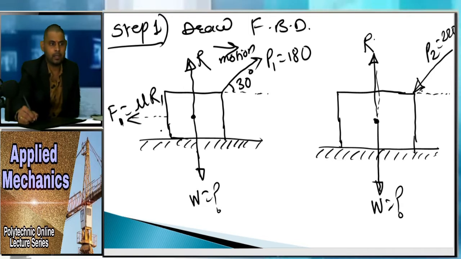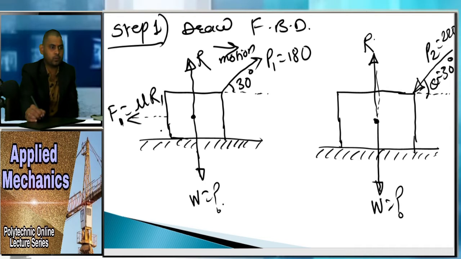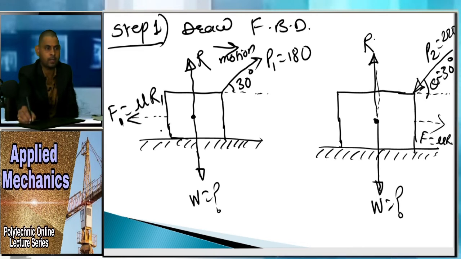And the angle given to us is 30 degrees. So where is our friction force right now? Our friction is towards the right side, in this direction. So here F is equal to mu R. This is our free body diagram for both conditions.